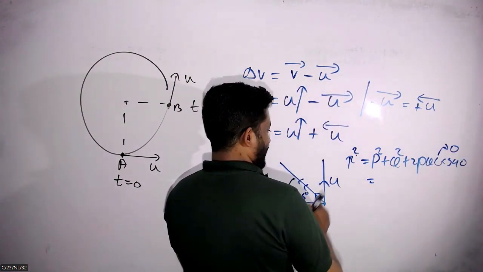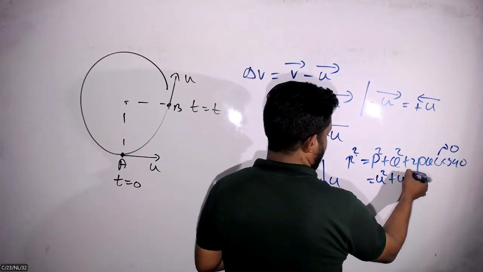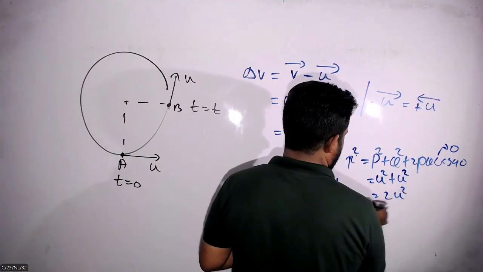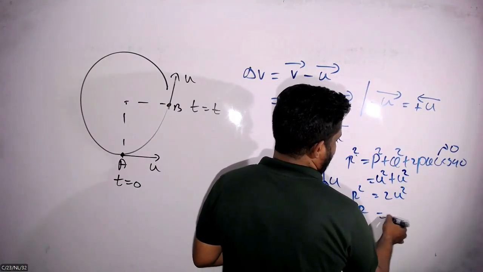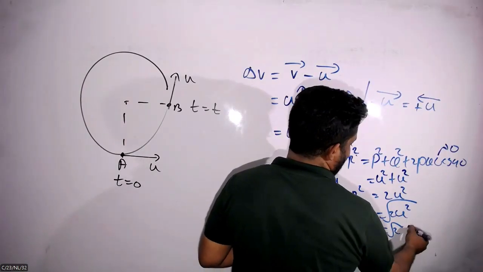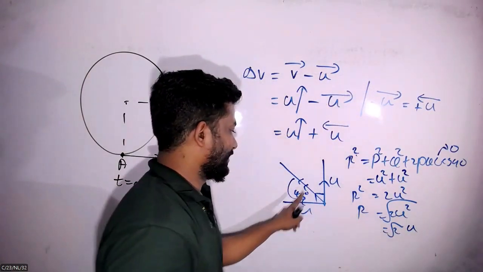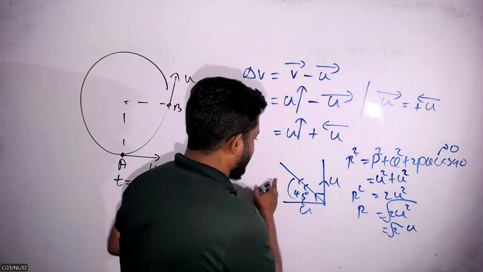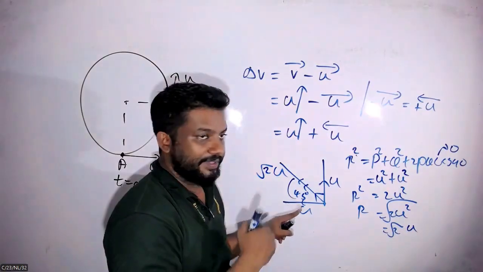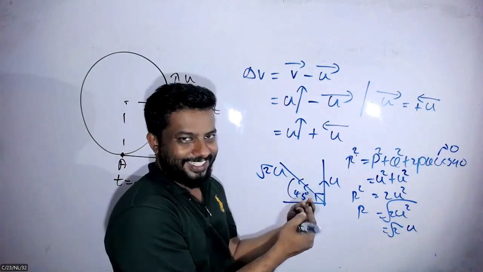Then, two equal vectors, U squared plus U squared, they have equal magnitude, right? 2U squared, R squared, then R is equal to root 2 U. Therefore, the vector sum, here the difference, is root 2U at angle 45 degrees with the horizontal direction or vertical direction, right?